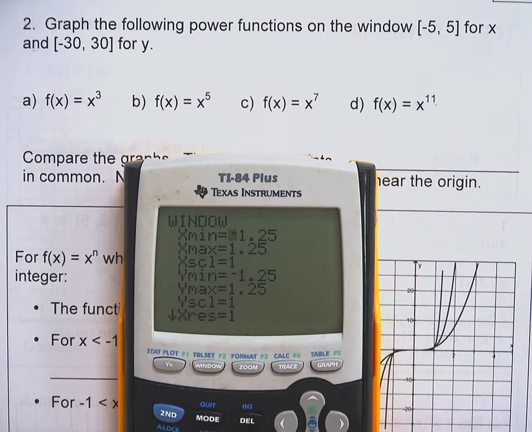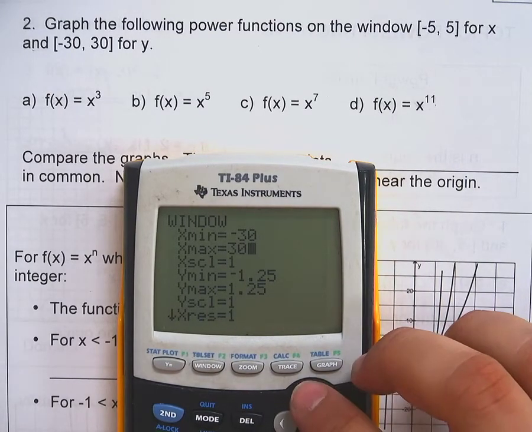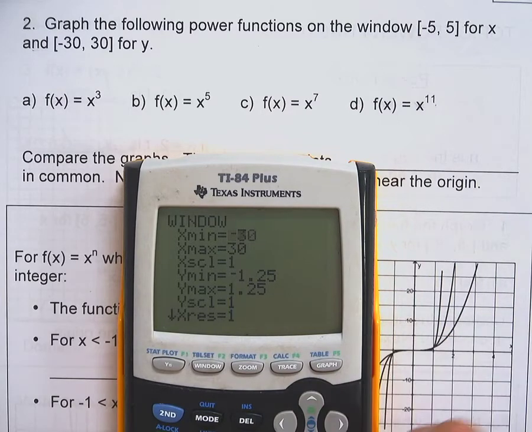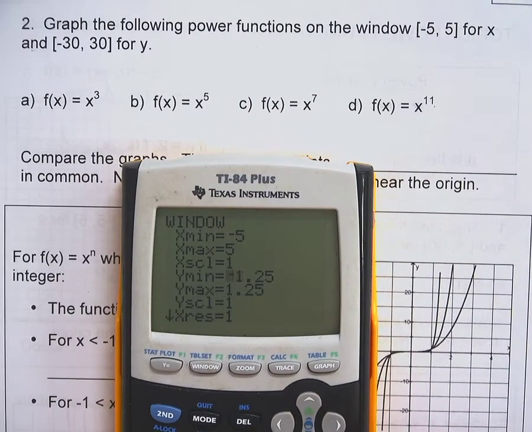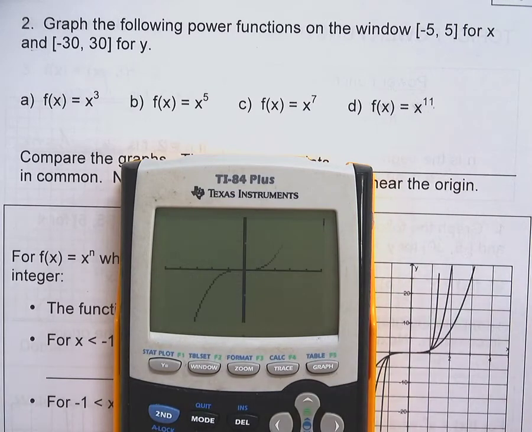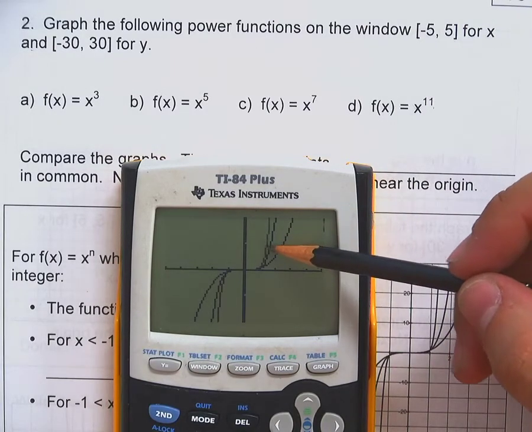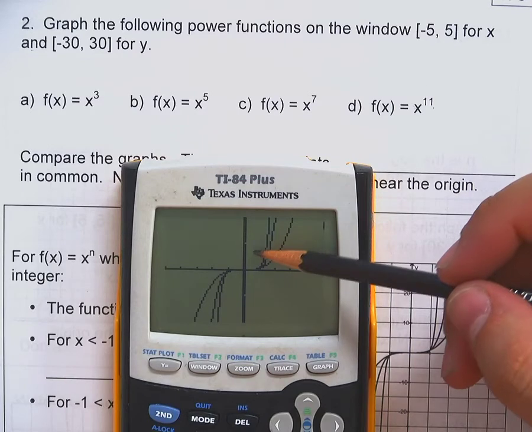My window should go from negative 5 to 5 for x, and negative 30 to 30 for y. This is just to make it a little bit more dramatic. There's x cubed, to the 5th, to the 7th, to the 11th.